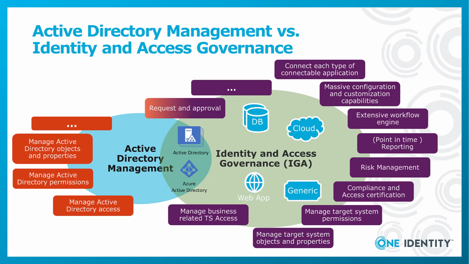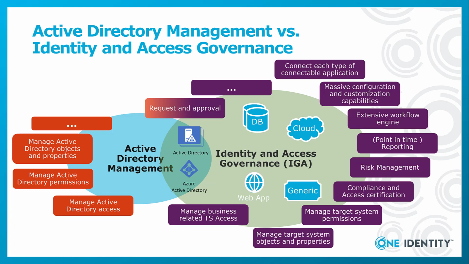The Active Directory management solution typically takes care of Active Directory and Azure Active Directory and, depending on the solution, a little bit of the connected target systems, but each of these connections is typically a connection with a small bandwidth. The Active Directory management solution takes care of all Active Directory objects, and it typically manages as well the access to the Active Directory from an admin perspective.